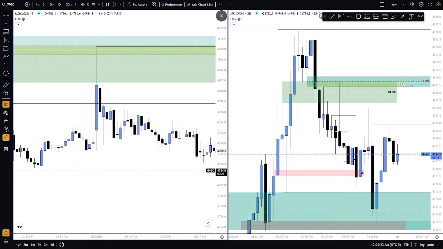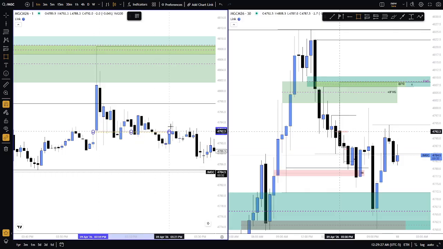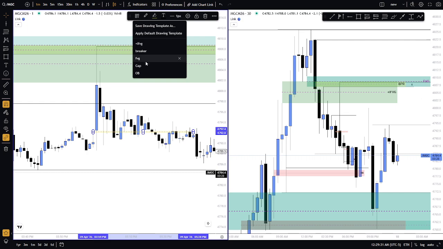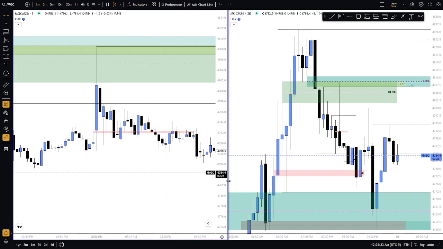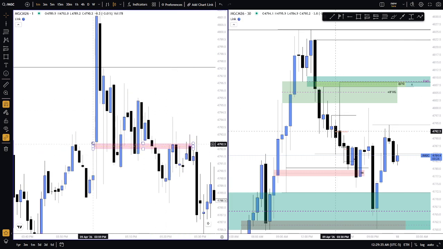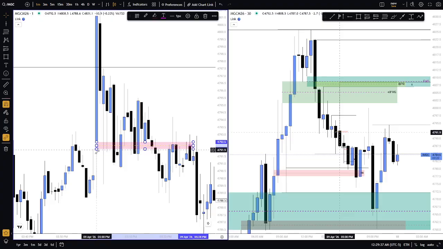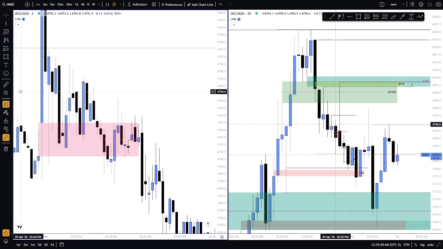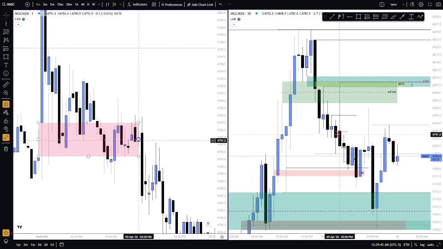Now, during this open, we had this gap, this market gap, which is of significance to price. It's a significant confluence as to the outlook of price. This inefficiency, this area right here.